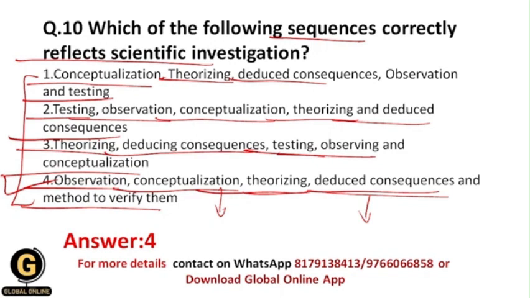So this is nothing but deduced consequences, and after that there is a method to verify them. For the verification, we test the hypothesis through different statistical techniques. So this is the sequence of scientific investigation, and the correct answer is 4.